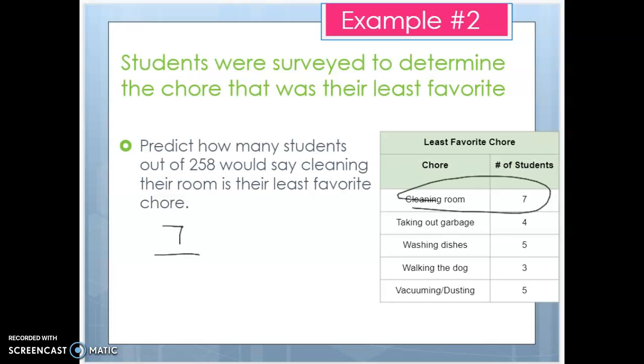Now, I have to figure out how many total people they surveyed. It doesn't tell me that in the word problem, but I can get that by adding up all the number of students. And so that would be 24. So that goes on the bottom. And that equals x over the total people I'm making a prediction out of.